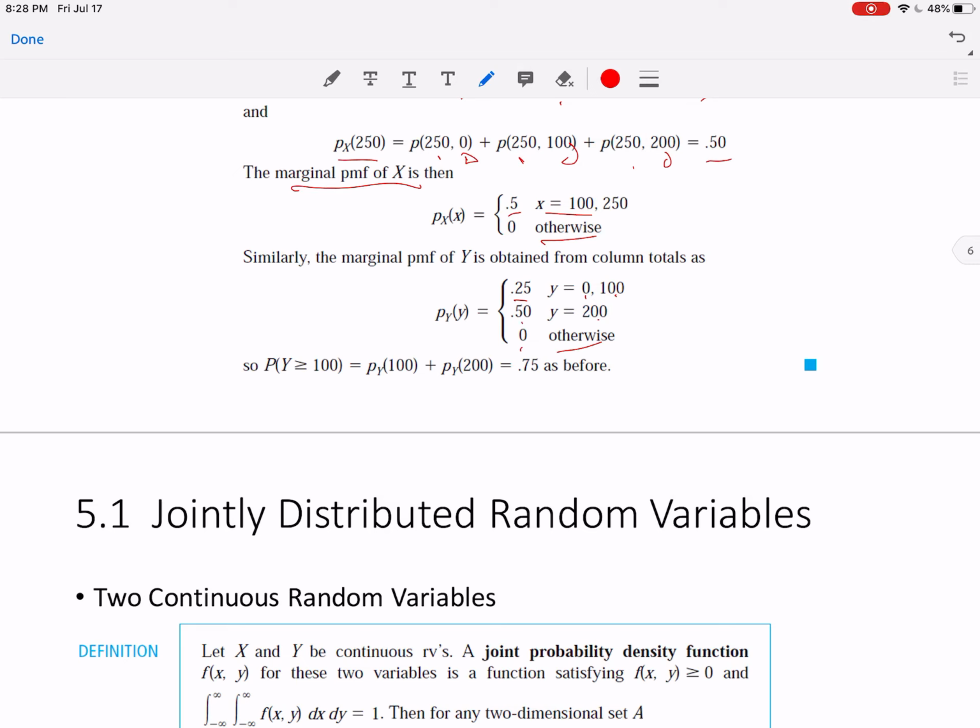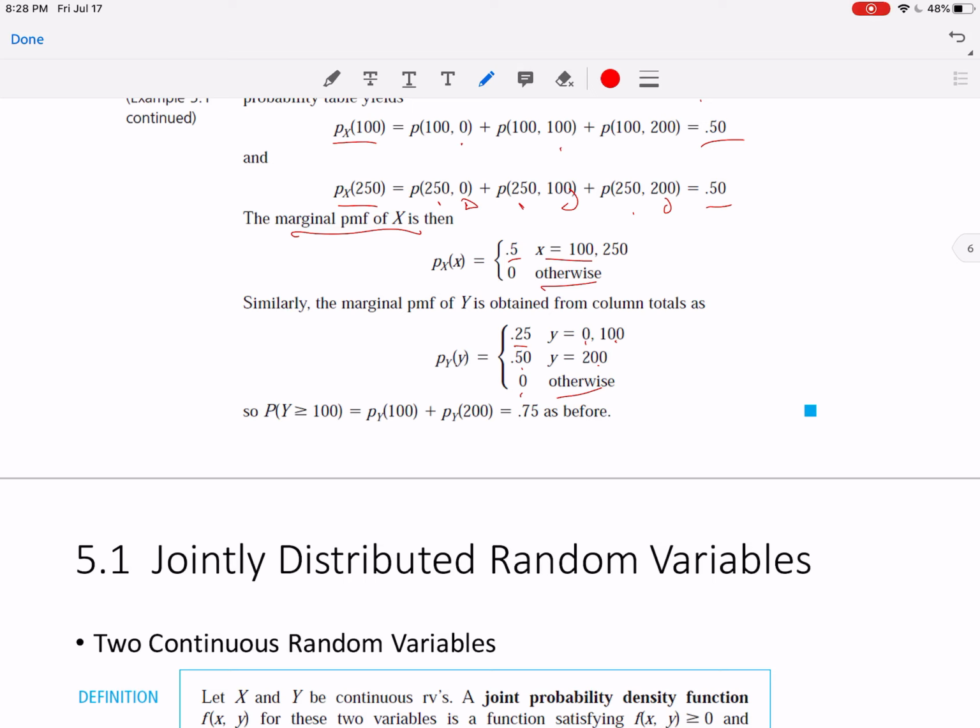Okay. So if we find the marginal PMF of y already, we can find this probability by adding two terms together. Because we already have the PMF of y, if we want to find the probability of y greater than or equal to 100, we just need to add the probability y is equal to 100 plus the probability y is equal to 200.